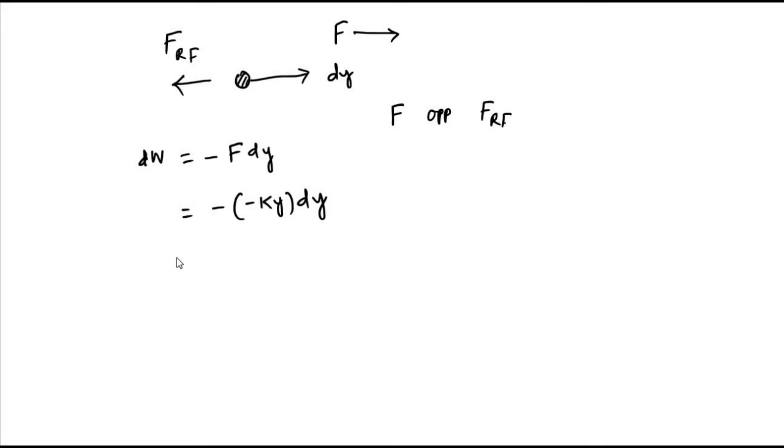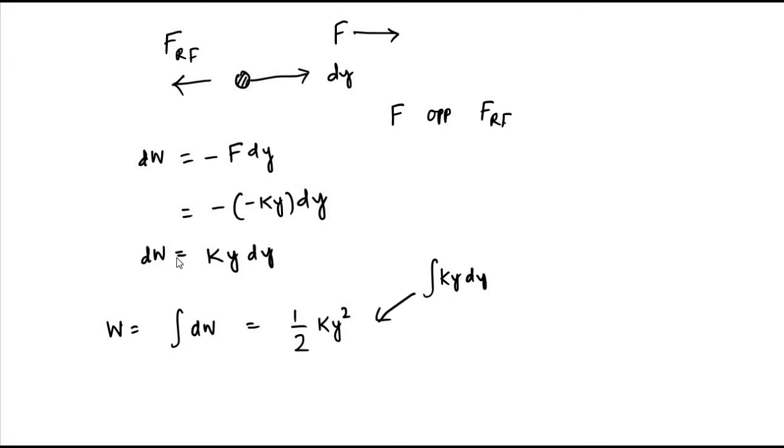So dw is equal to ky dy, and the total work done is the integration of dw over the total displacement, which is the integration of ky dy, giving 1/2 ky square. This is the potential energy.